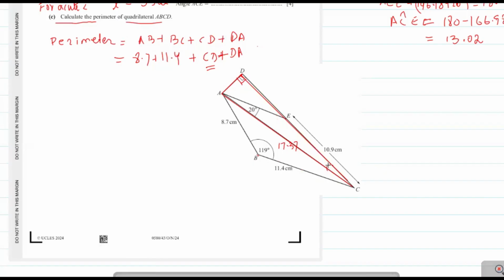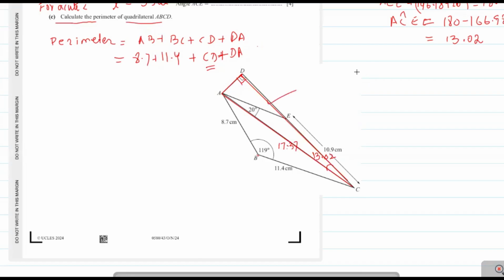This angle given here is 13.02, and if one angle and one side are given, we can calculate the sides of the triangle.